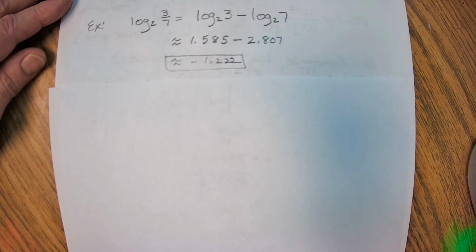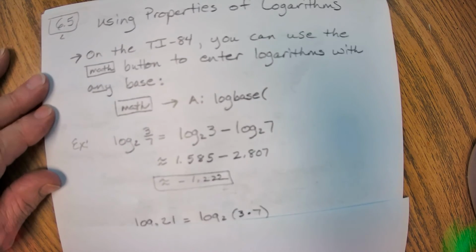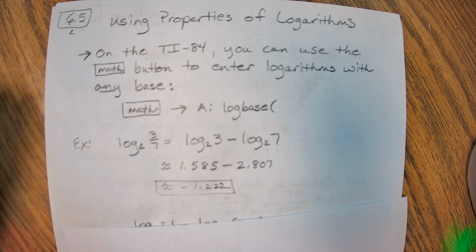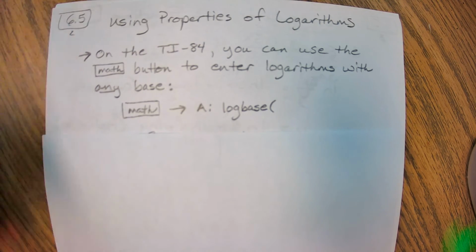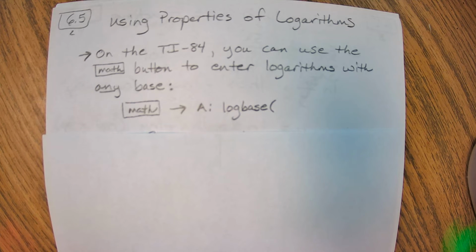So one thing you guys are really lucky about, I forgot to show you this. On the TI-84s, those are the gold ones that we have in class, the graphing calculators, you can use the math button to enter logarithms with any base.